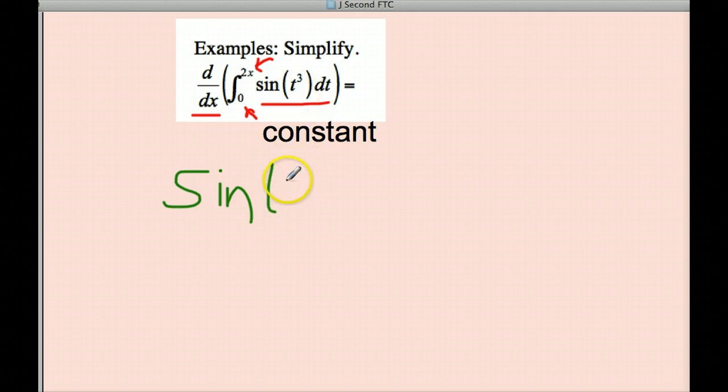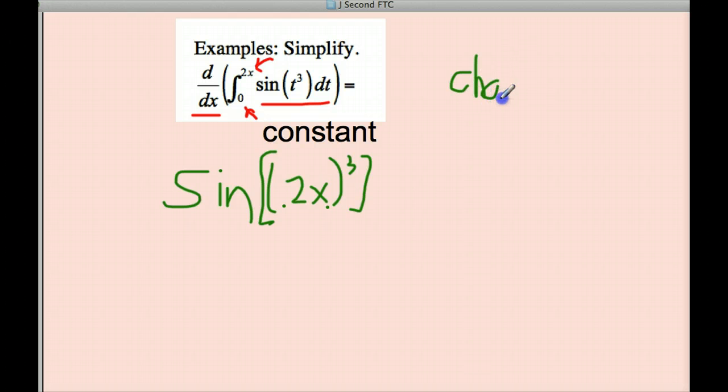Here I see t, so I write 2x, and I need this to go into the third power, right? So technically, here's my derivative, but anytime I have a derivative with something in parentheses, don't I have to use the chain rule?